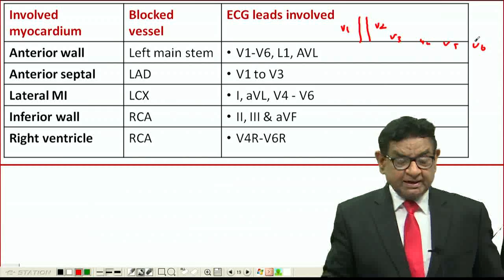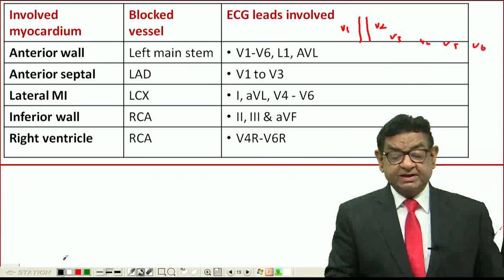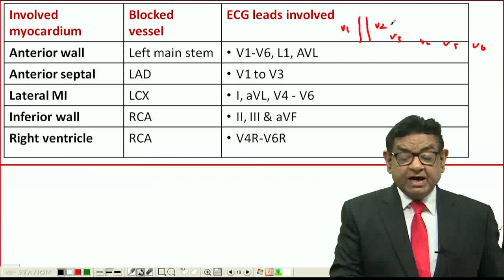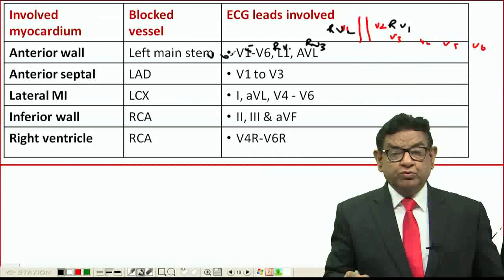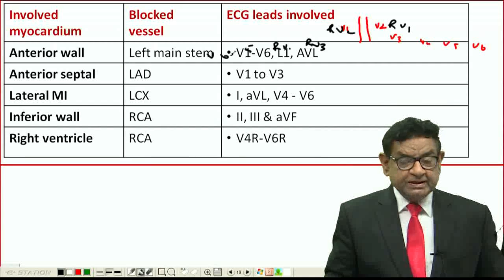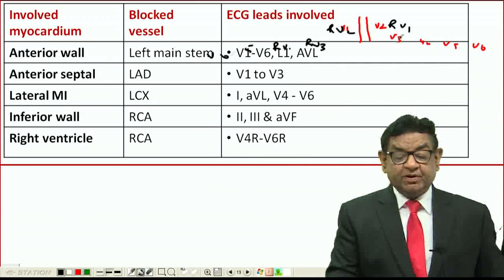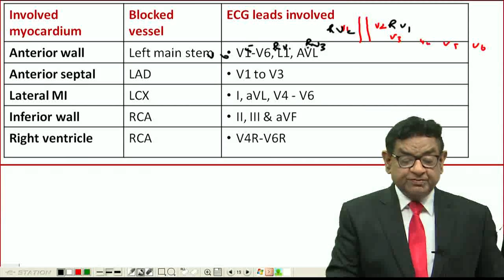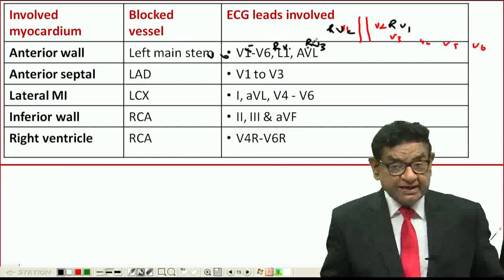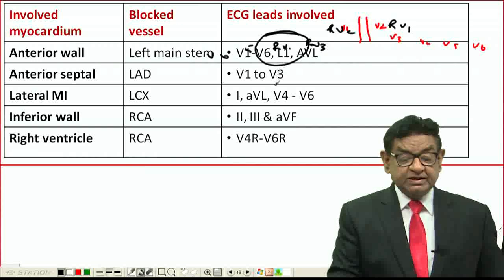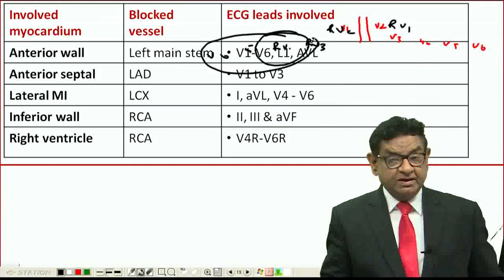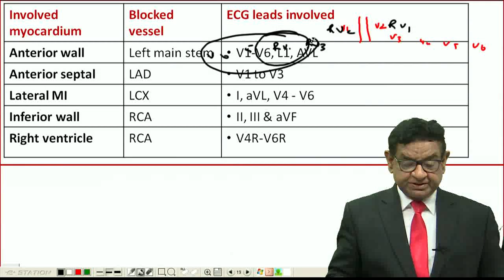But when we are suspecting right ventricular infarction, then this becomes RV1, this becomes RV2, RV3, RV4, RV5, RV6. That means we do the recording, but now chest leads we place in reverse, and this is known as right-sided chest leads. And RV4 to V6 is the classical finding for right ventricular infarction.